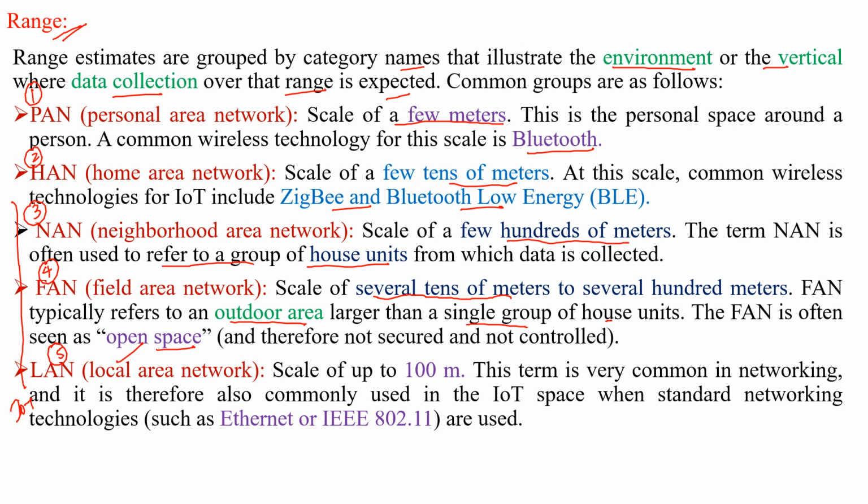Most of the devices use, for example, Ethernet and IEEE 802.11 protocols. It scales up to 100 meters. This term is very common in networking, and it is therefore also commonly used in the IoT space when standard networking technologies are used, such as Ethernet or IEEE 802.11.